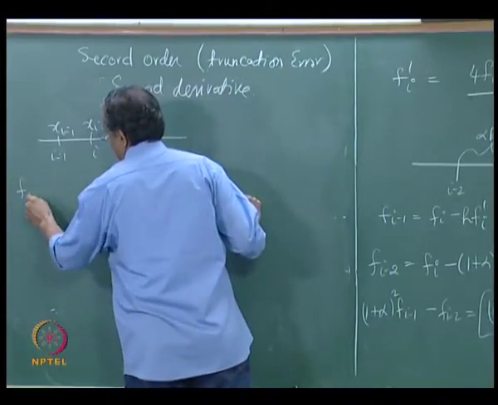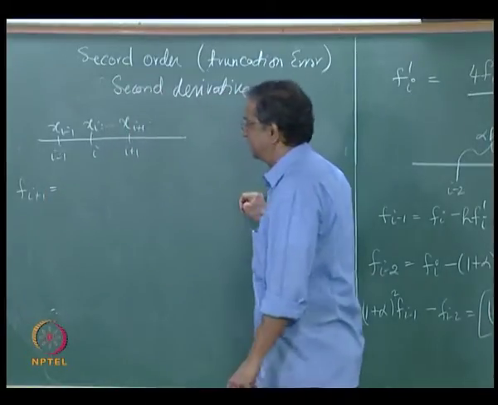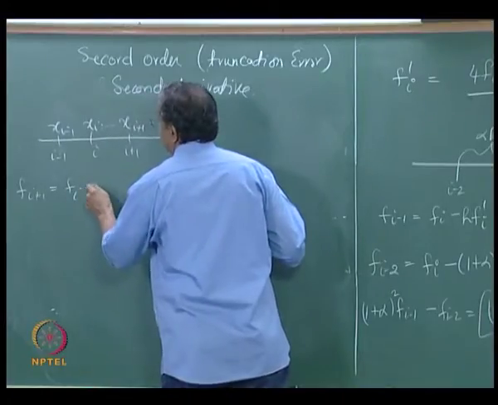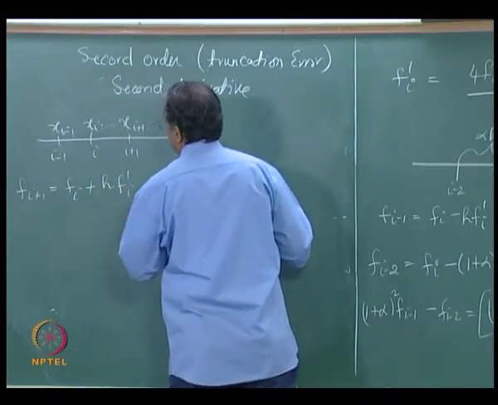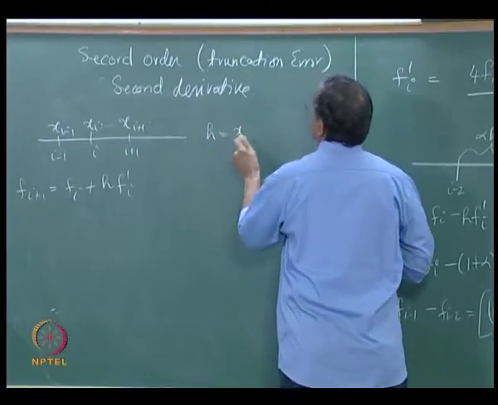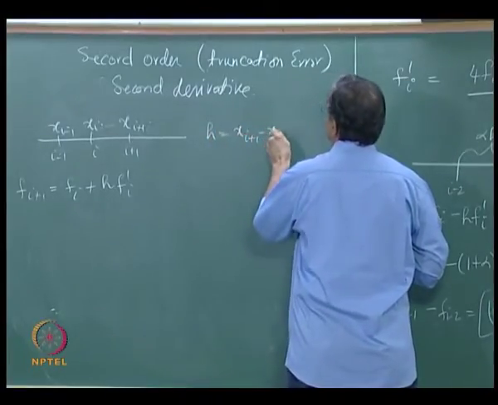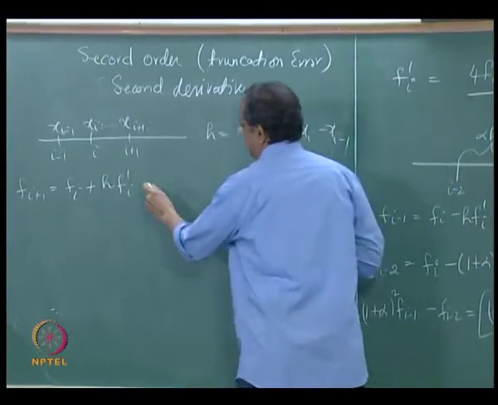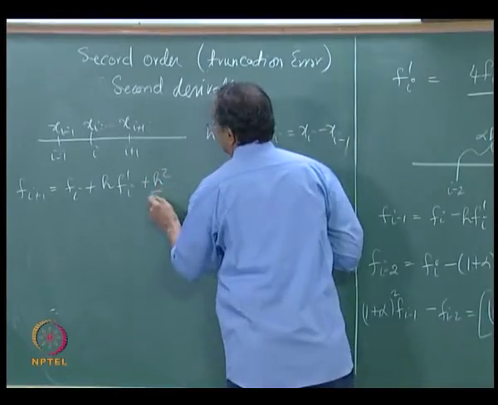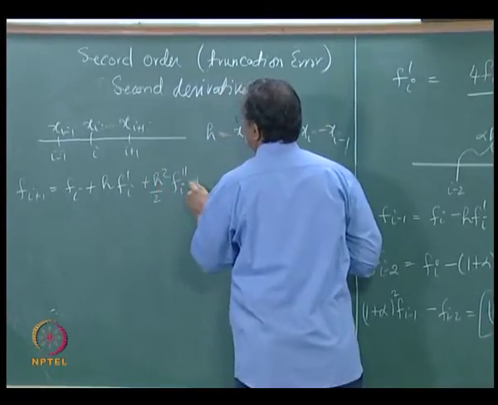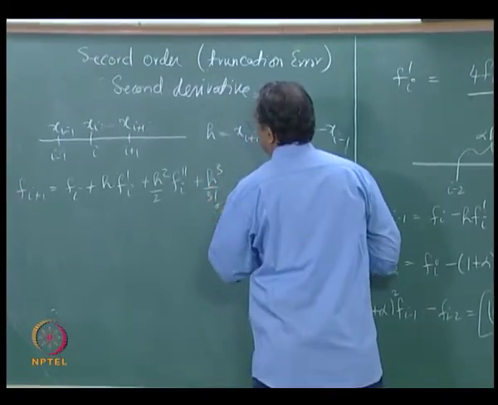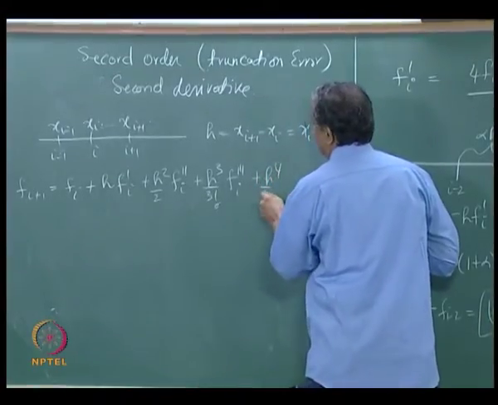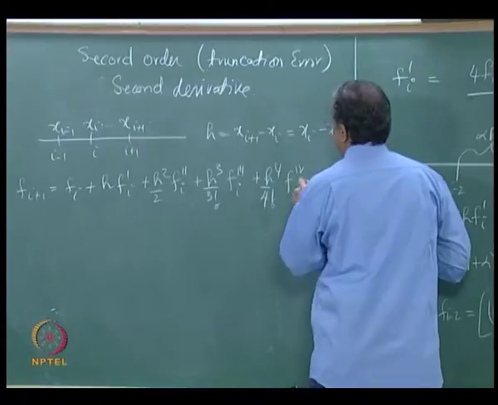So what we have is simple expansion again using Taylor series about the point i: f at i plus 1 is f i plus h times f prime at i, and again h equals x i plus 1 minus x i equals x i minus x i minus 1, okay. In this case they are equal. Plus h squared by 2 factorial second derivative at i, plus h cubed by 3 factorial third derivative at i, plus h to the 4th by 4 factorial, and so on.